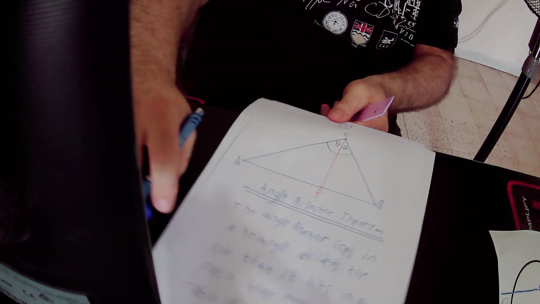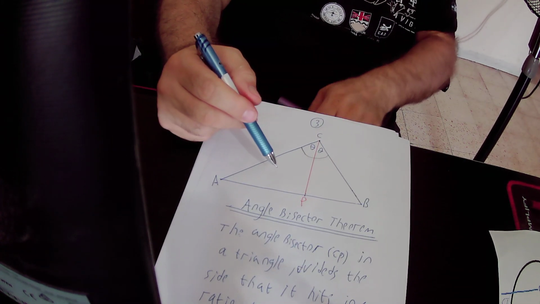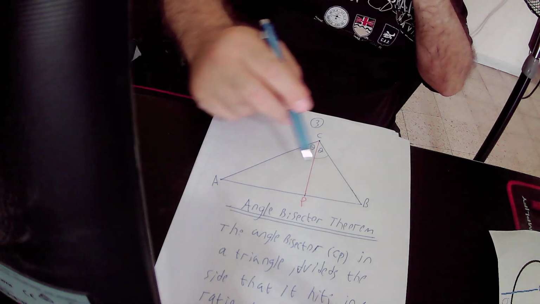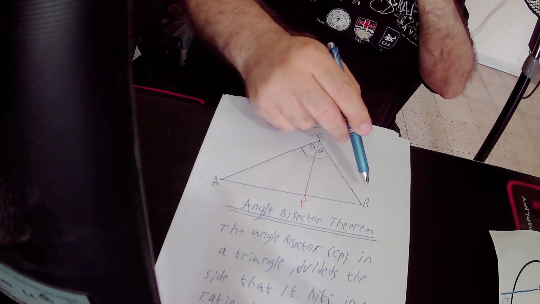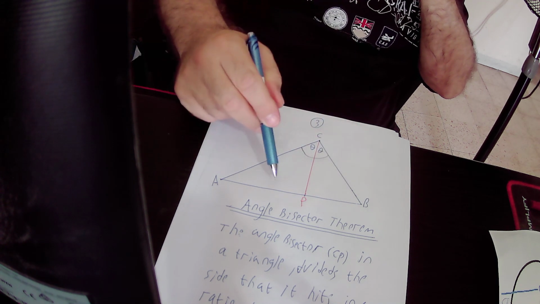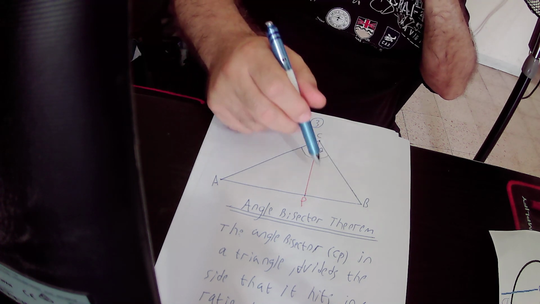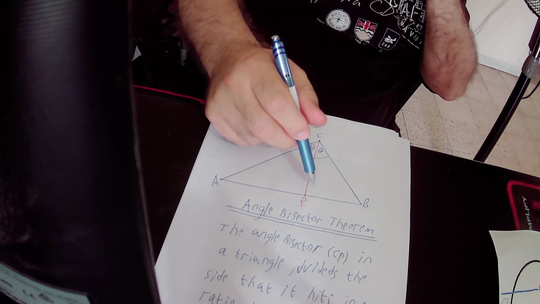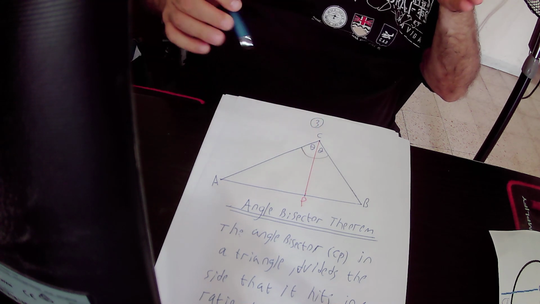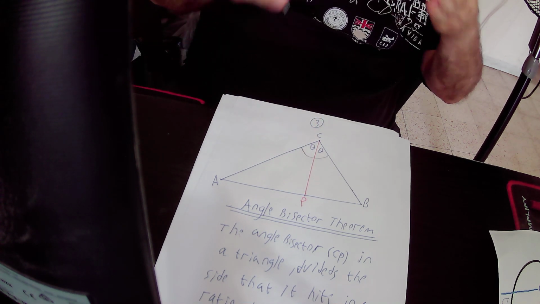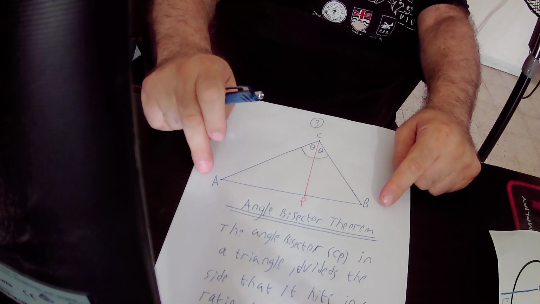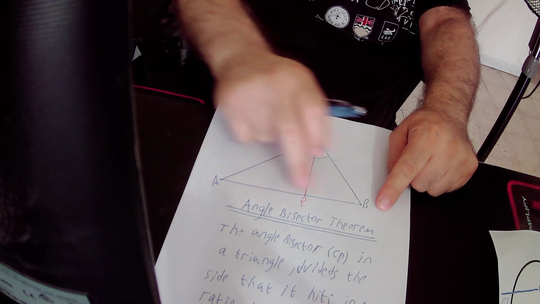Okay, so the angle bisector CP meets side AB of the triangle at point P, and it divides side AB into two parts.